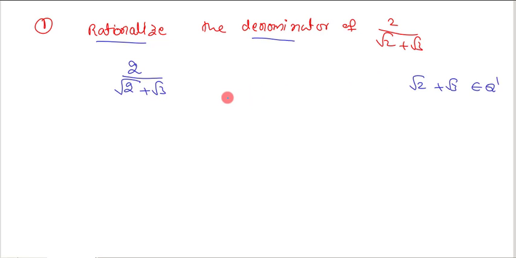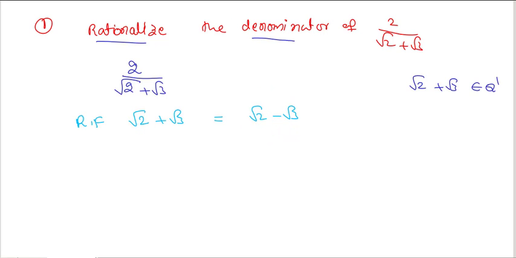So how are we going to make this irrational denominator a rational denominator? To rationalize the denominator, we need to find the rationalizing factor of the denominator. The rationalizing factor of root 2 plus root 3 is root 2 minus root 3.